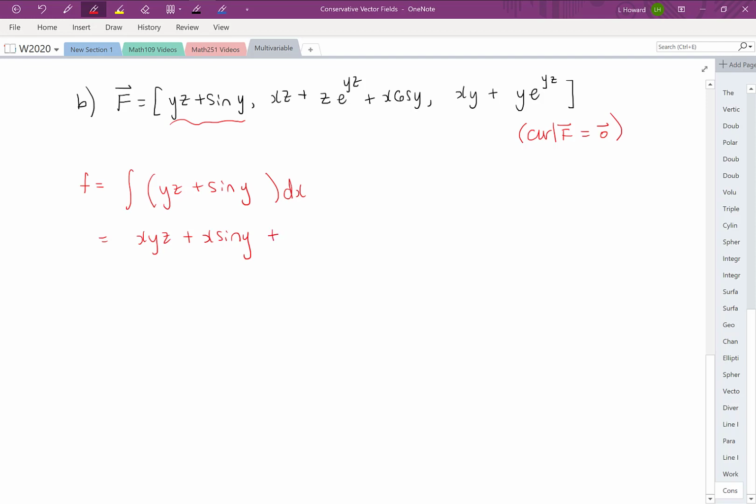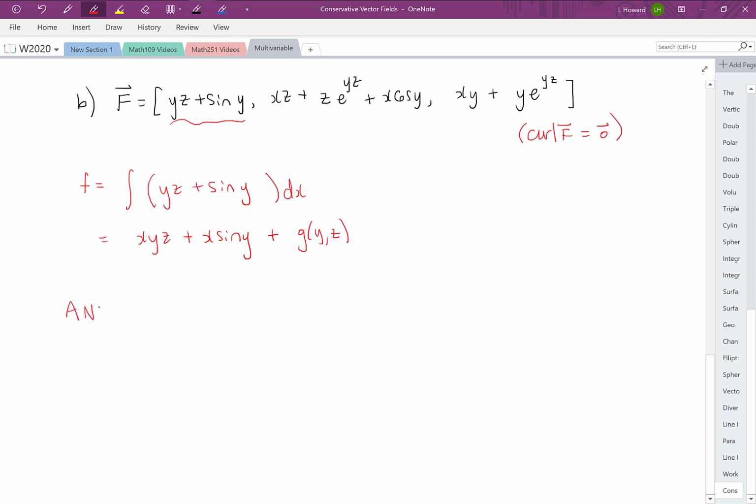And then there could be some y terms and or some z terms that would have disappeared when we took the partial derivative with respect to x. So the way we'll write that is g of yz. That represents y terms, z terms, and anything that's a mixture of y and z. So that's one vantage point on f.